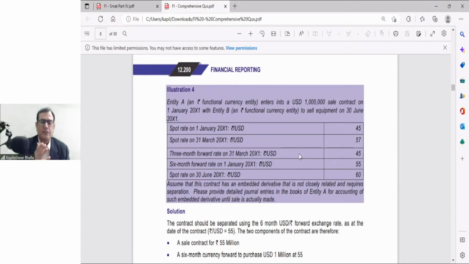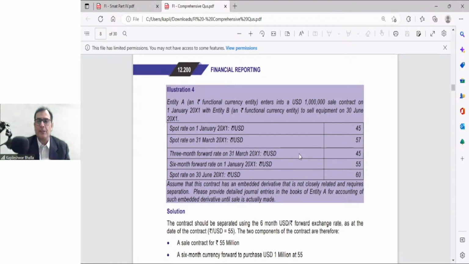You're also given a 6 months forward rate, and a spot rate on 30th June. Now it says something which we may not be able to appreciate at the moment. Assume something. Let's not read that. It says provide detailed entry in the books of A for accounting of such embedded derivative until the sale is actually made. Now, what we're going to do in this case, number 1, watch me carefully.